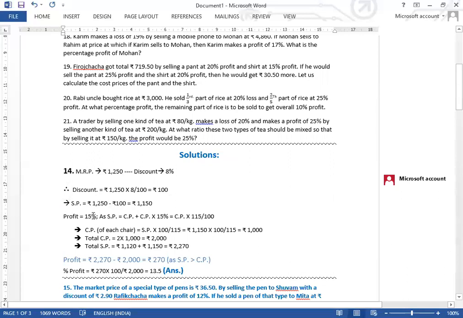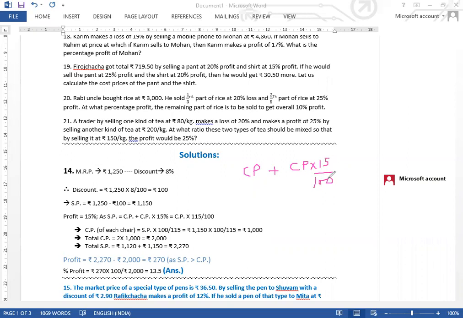Now it is given that by selling this chair, Afsar Chacha makes a profit of 15%. So that means SP is equal to CP plus CP into profit percentage. So that should be equal to CP into 115 by 100. Why? Since it is CP plus CP into 15%, 15% means 15 by 100.